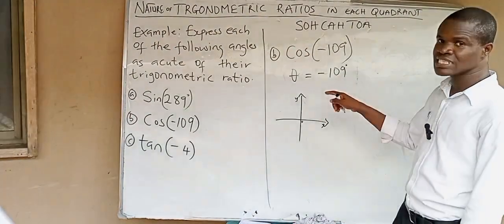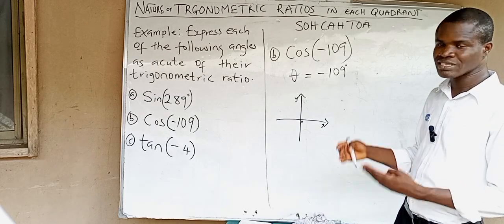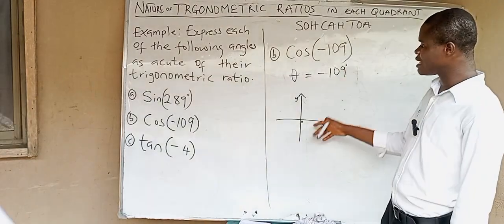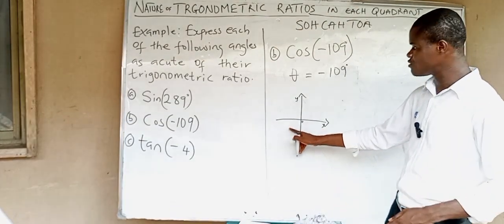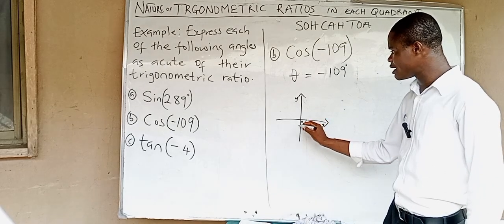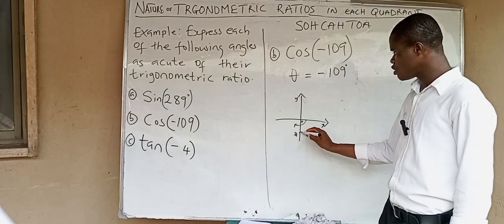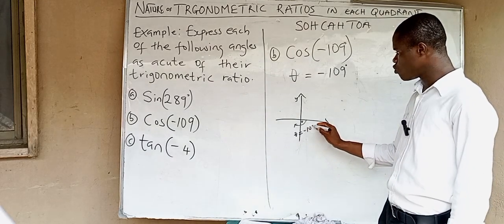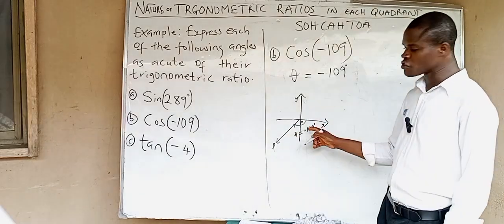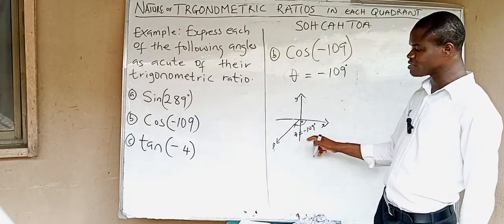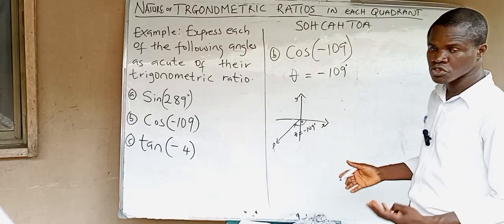Since it is negative, it means we are going to go in the clockwise direction. Minus 109 is more than minus 90, which means we're already in the third quadrant. So what brought us here is theta equal to minus 109 degrees. I will advise you to first of all get the positive equivalent of this angle if you want to use the formula to solve.